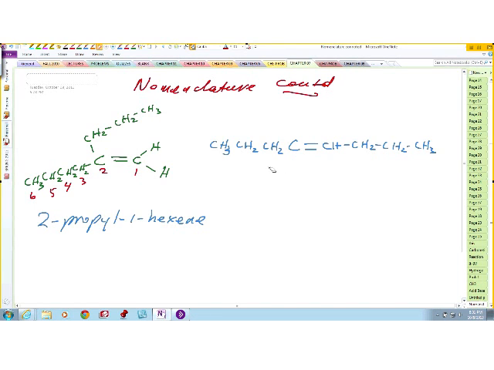Okay. At this point, it doesn't really matter when you do the numbering, because the double bond is equidistant from each end of the molecule. So it doesn't really matter where you start numbering here, right?